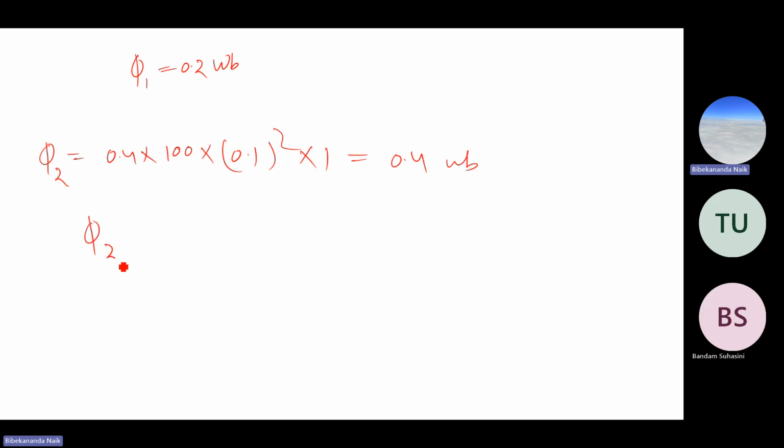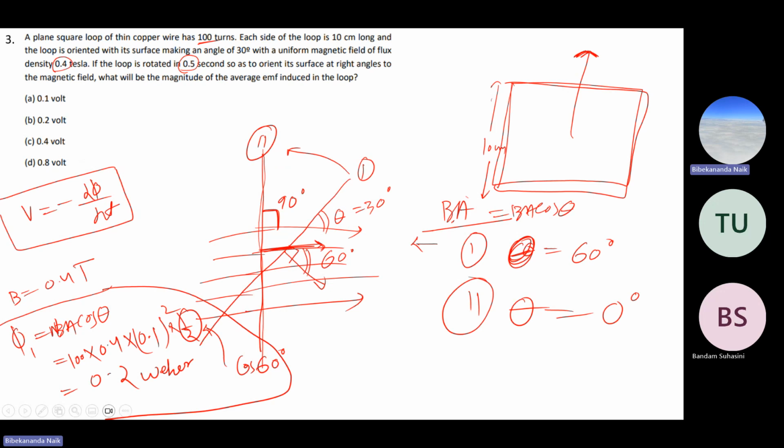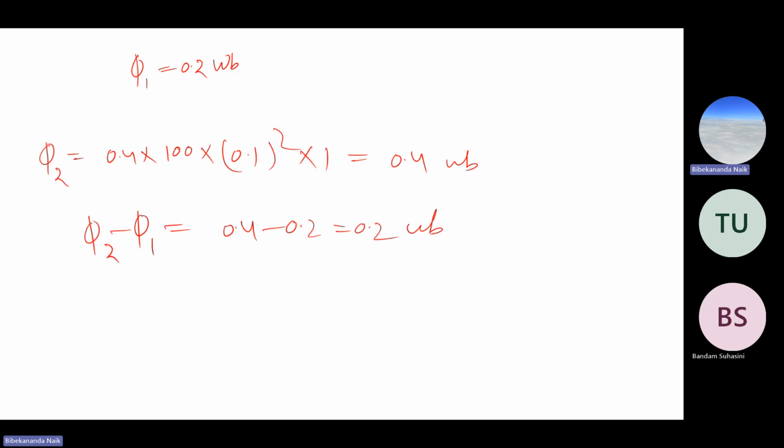So what is the change? The change is phi 2 minus phi 1, which is 0.4 minus 0.2, equal to 0.2 Weber. The flux change is 0.2 Weber. Now the time taken delta t is 0.5 second.